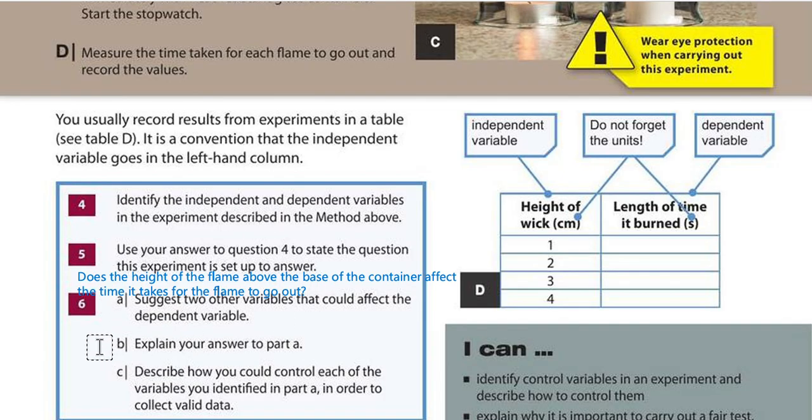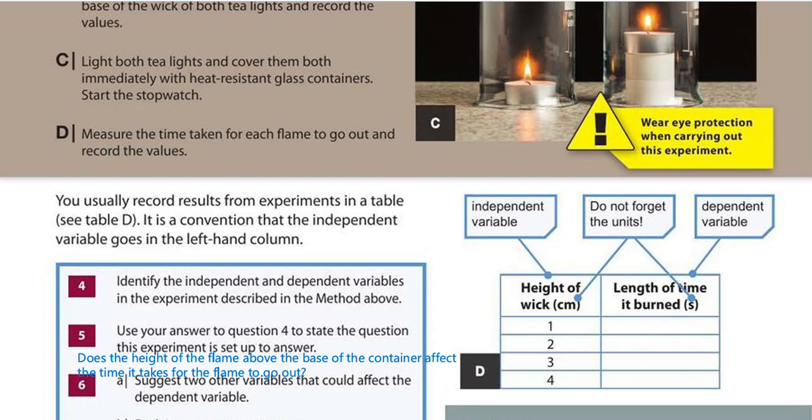You can write a similar answer like this. Does the height of the flame above the base of the container affect the time it takes for the flame to go out? If I explain it in a very simple way, they are asking whether the height from here to here is going to have an effect on the time it takes for the flame to burn out, for the flame to go out, right?